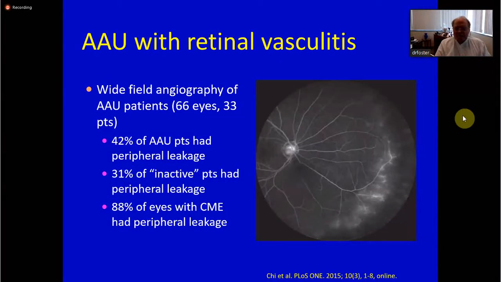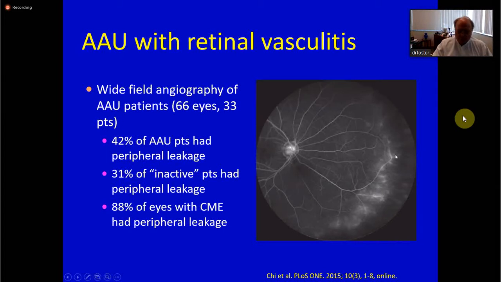I personally vastly prefer wide field angiography to conventional angiogram. And as far as wide field angiography is concerned, I've got a strong preference for the Heidelberg system as opposed to the non-Heidelberg system.